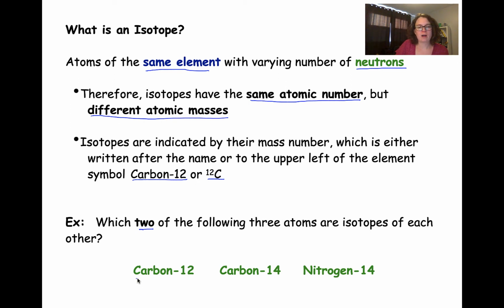So here we've got carbon and carbon, that's the same element, and they have different masses. Right. Nitrogen is not considered an isotope of either of these because it's a completely different element. So our 2 isotopes are going to be carbon 12 and carbon 14. Right. Same number of protons, different number of neutrons.